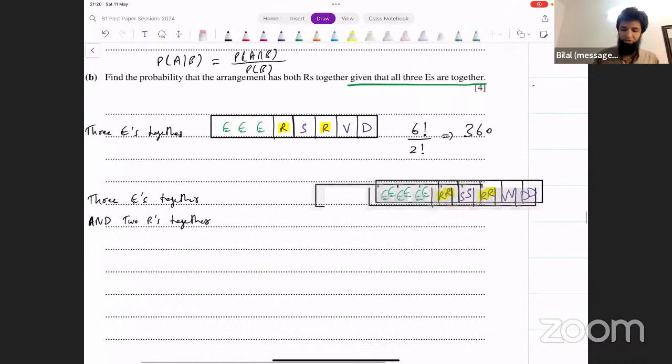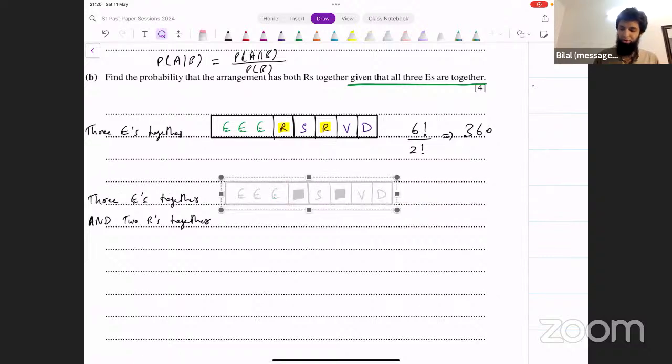We merged 3 of them and put the 3 E's in them. And then we can also merge 2 other boxes to put the 2 R's in them. And then we have 3 boxes left outside, and they would have the letters S, V, and D.